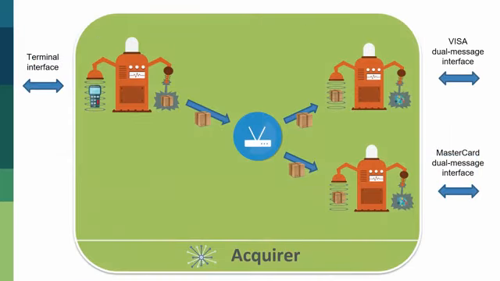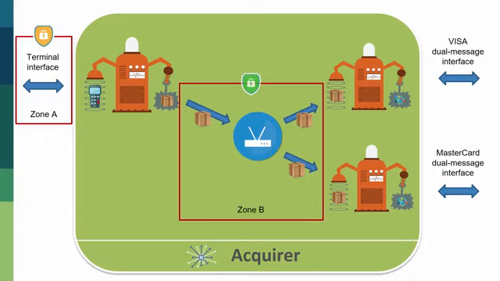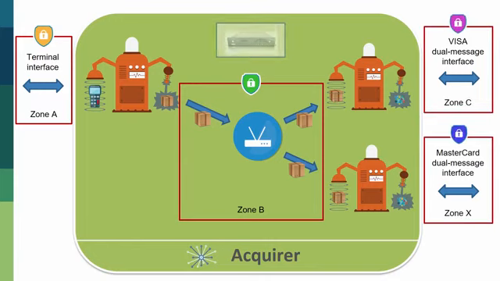For example, let's look at what might happen inside an acquirer's host. There is one zone on the left side for messages coming from terminals. There is one zone inside the host, and there is a different zone for each interface on the right. And an HSM, or more likely an estate of several HSMs, manages those zones.